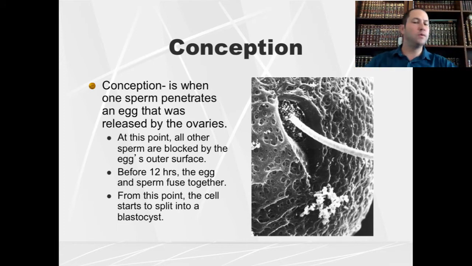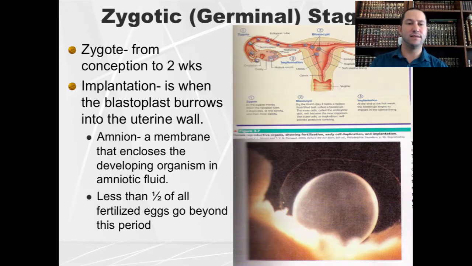The gates close, nothing gets in, nothing gets out. And then this fertilized egg starts to create the child, right? Okay, so the cell burrows in, fuses together, and then you start to have the cell division, split, split, split. Eventually it becomes a blastocyst. So congratulations, we now have conception.